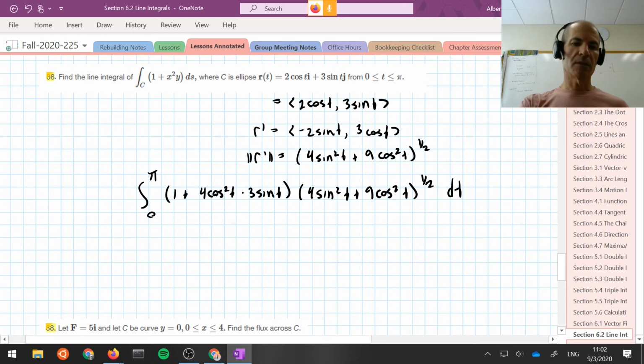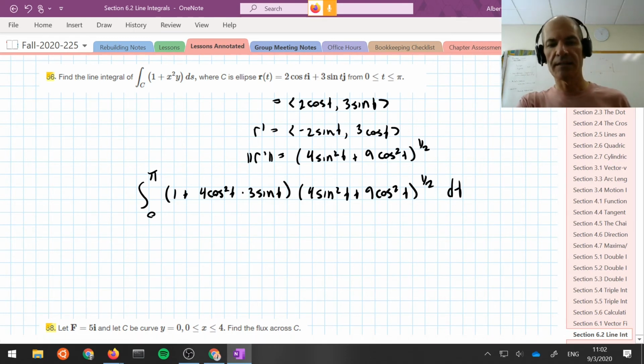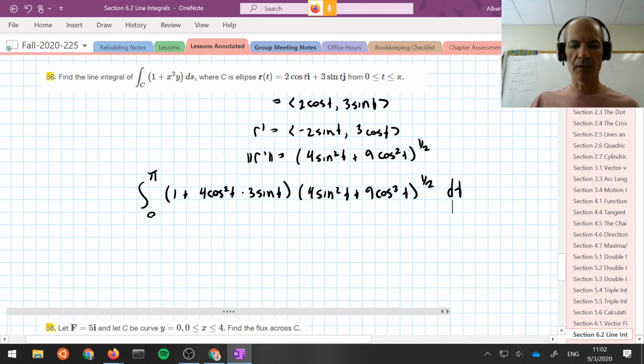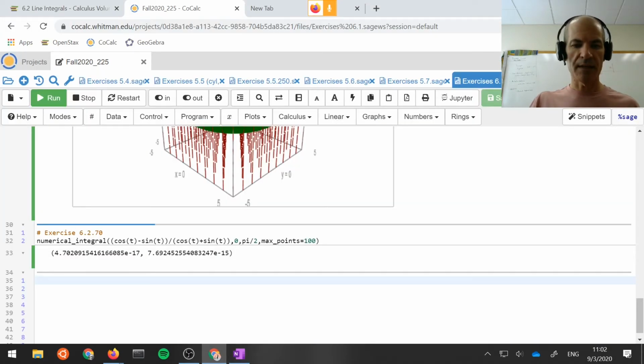And this is another one you're not going to be able to compute exactly, but you can jump over to Sage and use the numerical integral formula.